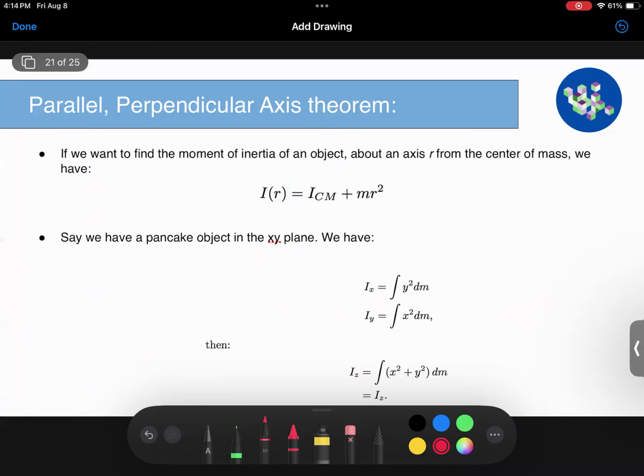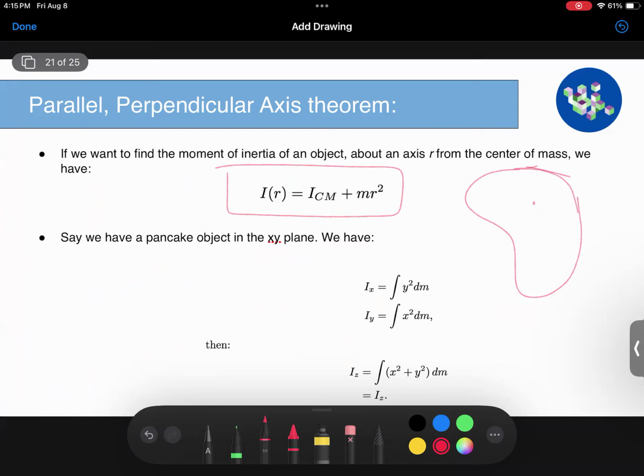Parallel and perpendicular axis theorems. You might be familiar with this, but if we want to find the moment of inertia of an object about an axis r from the center of mass, let's say, for example, I have this body over here.